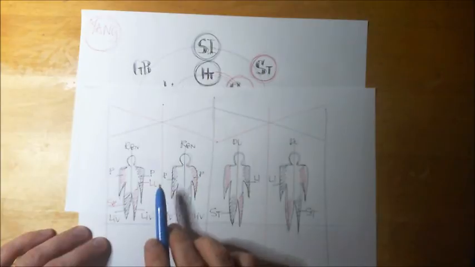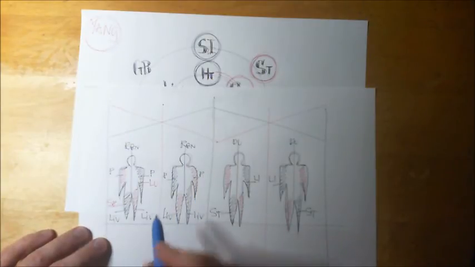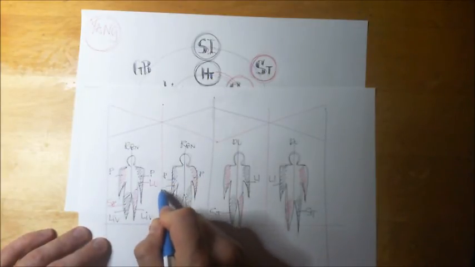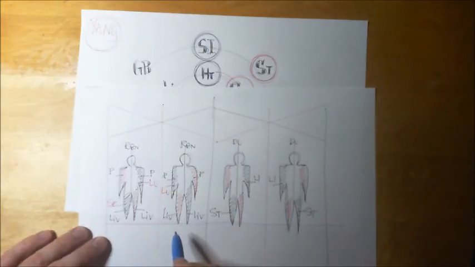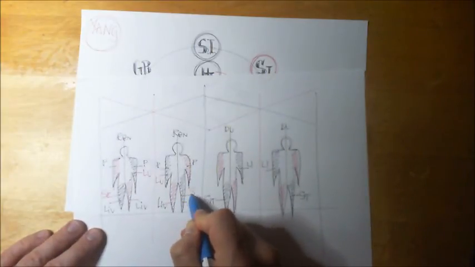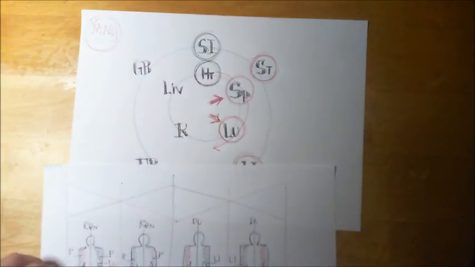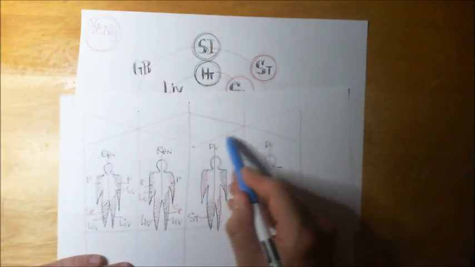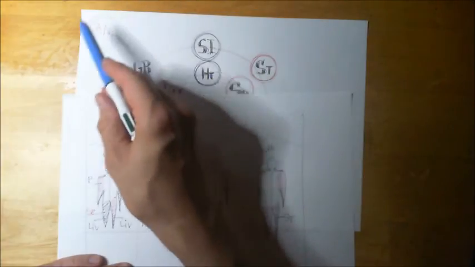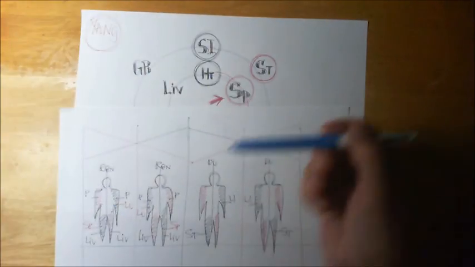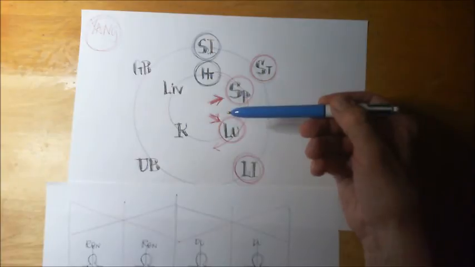Here, after 14 minutes, we will use lung on the right arm and the spleen on the left leg. So when we have the yang period, during the yang victory, what will happen in this case?